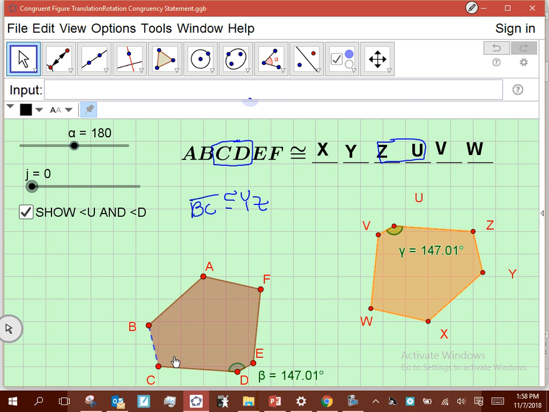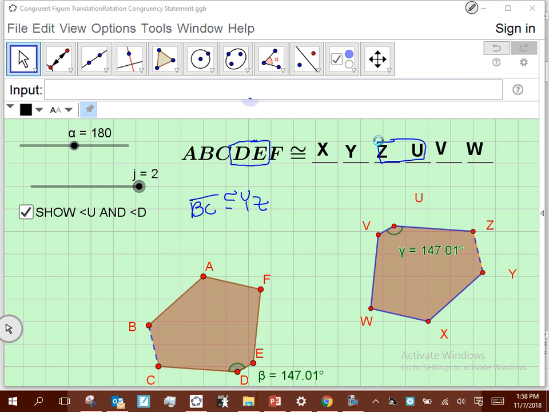CD is this bottom one here. Try to keep your eye on where that's at. And it does match up to ZU, that top one there. DE, UV, EF should match up to VW. All right, so we can write all these congruencies down.